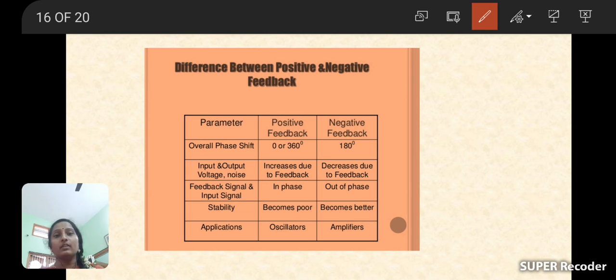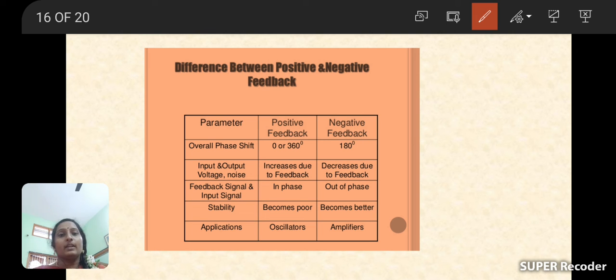Okay, what is our first point? Overall phase shift around the positive feedback circuit is 0 or 360, and in negative feedback it is 180 degrees. Input voltage, output voltage and noise parameters are increased due to positive feedback, and these are decreased in negative feedback circuits.